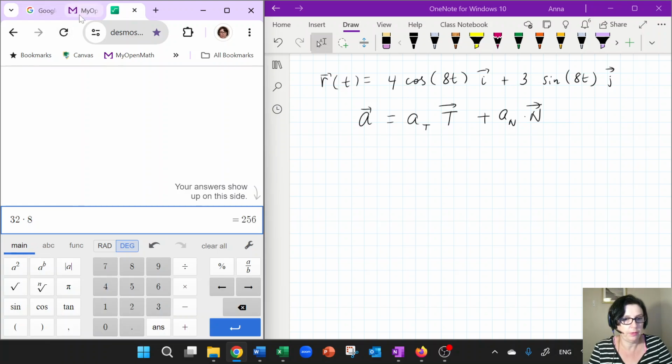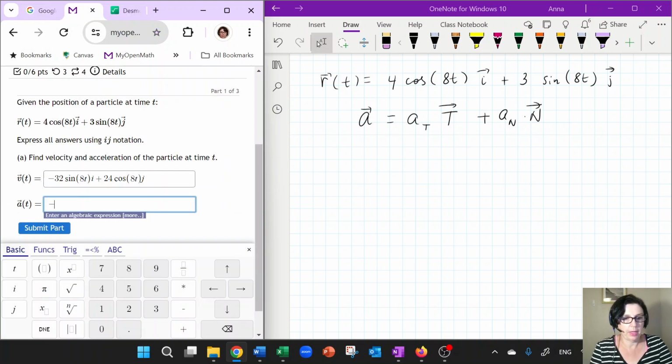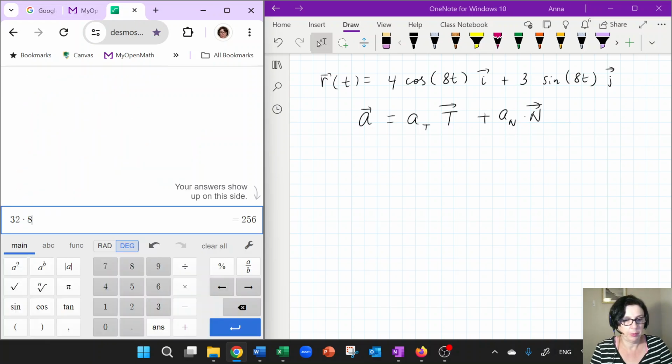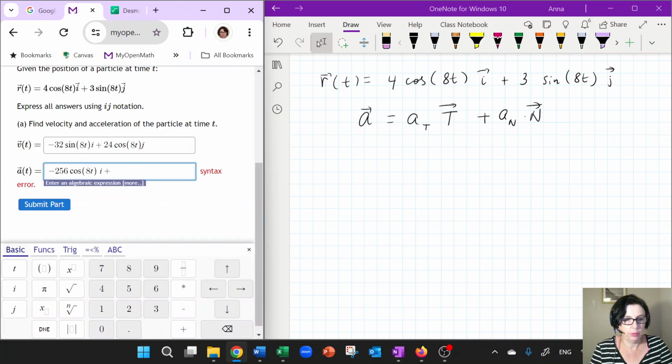That's 256. Okay, so that would be negative 256 cosine 8t i. And then 24 will be multiplied by 8. Let's see what that is. That's 192 sine 8t j. Now, there is one mistake I made, and that is because the derivative of cosine is negative sine, so that will also be negative.